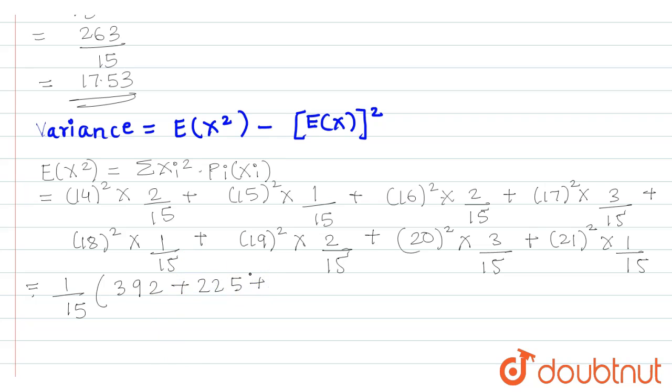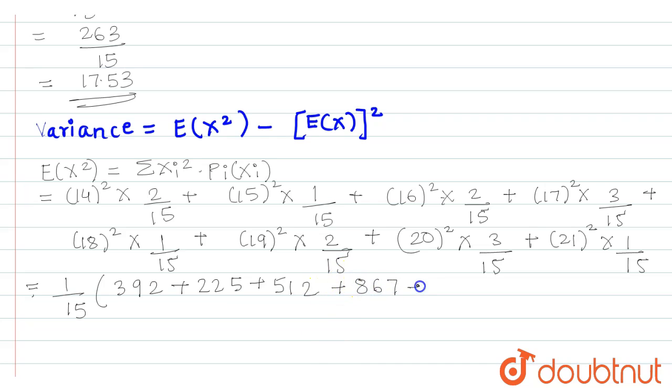Next it is 16 square. So square of 16 is 256, and 256 times 2 is 512. Next we have to do square of 17. So square of 17 is 289. 289 times 3 gives you 867.